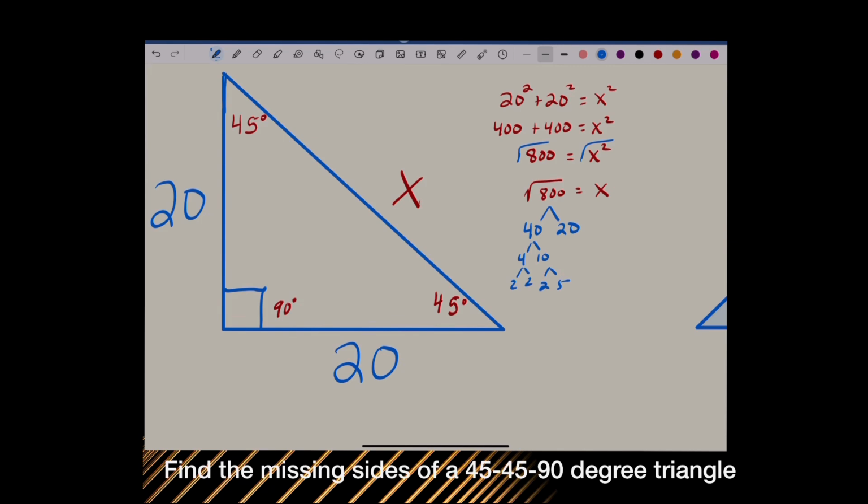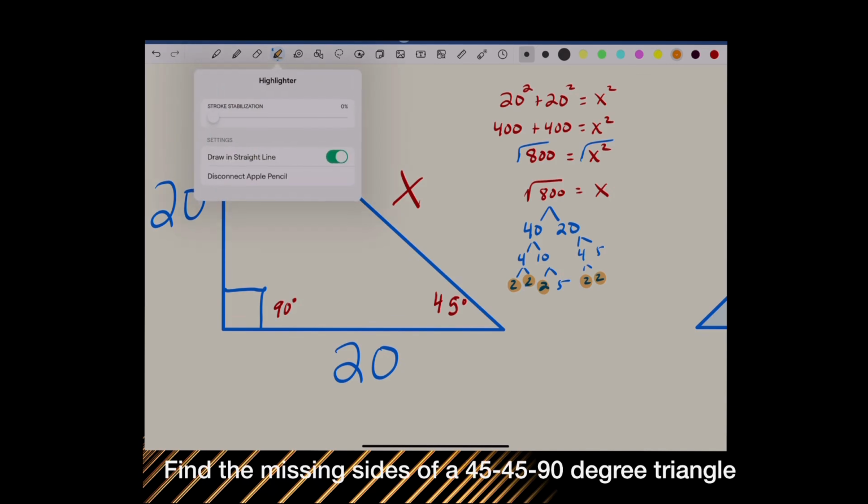So I've got that prime factorization done. 20 is 4 times 5, which is 2 times 2. So you see I've got all these little prime numbers here, here, here, here, and here. Those are all my 2's. And then I've got the primes 5 and 5 sitting right there.